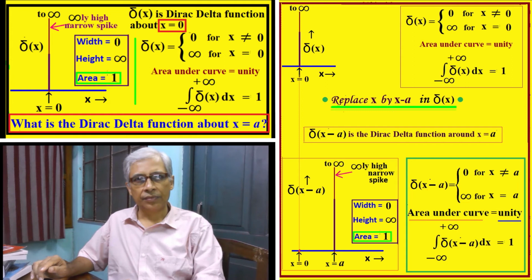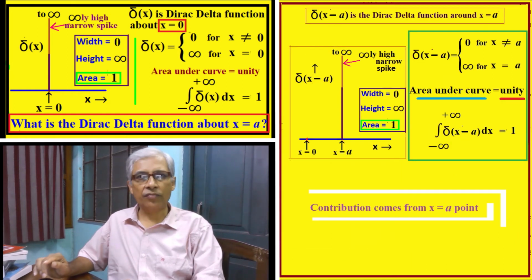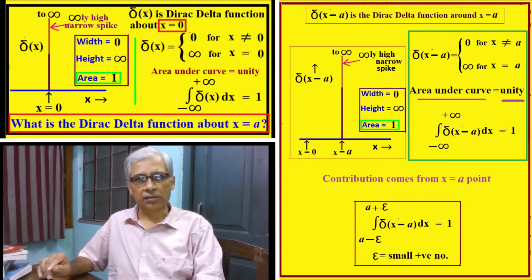The finite value of area that the delta function is associated with stems from its contribution at x equal to a. So, while integrating along the x-axis, we have to be careful as not to exclude the point x equal to a, because it is this point that only contributes to the area integral.